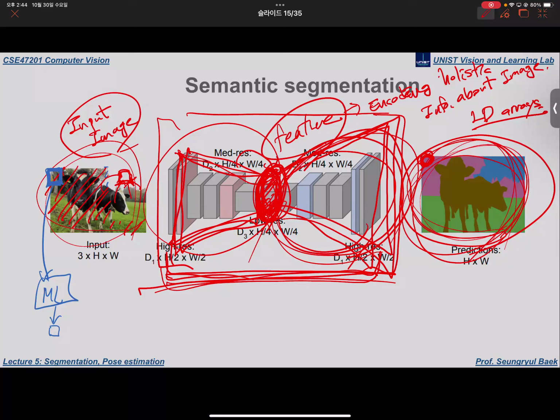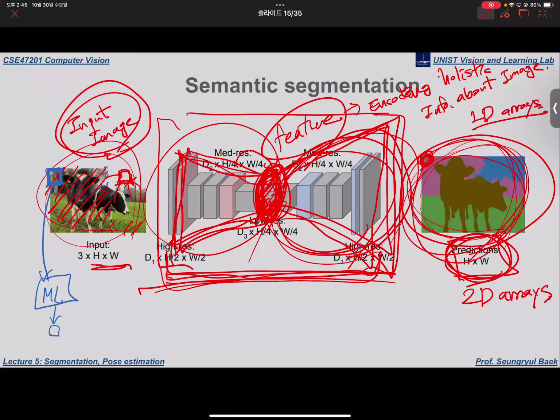Another thing I want to tell you is that from the input image, we can now generate this kind of 2D array. This is the same dimension as the original image.